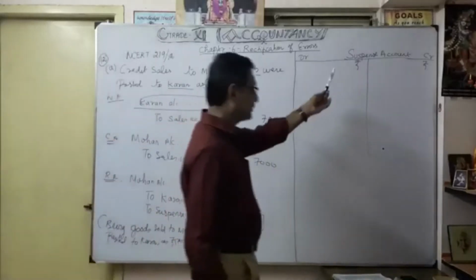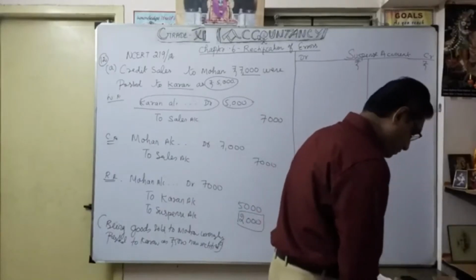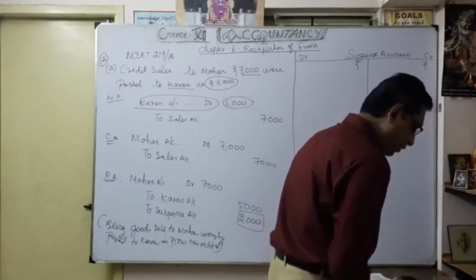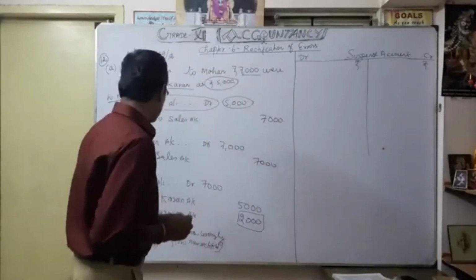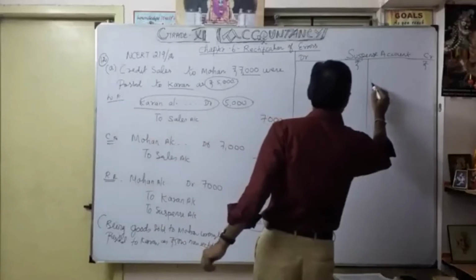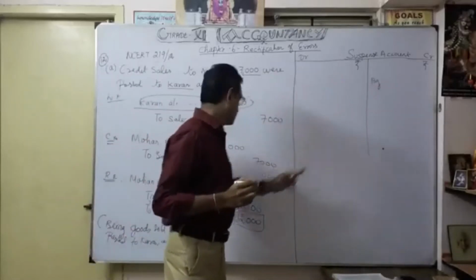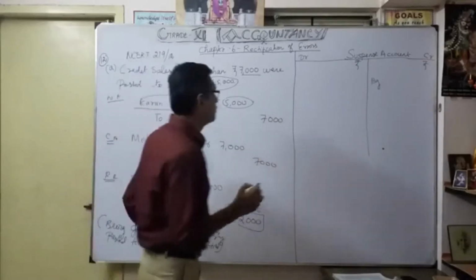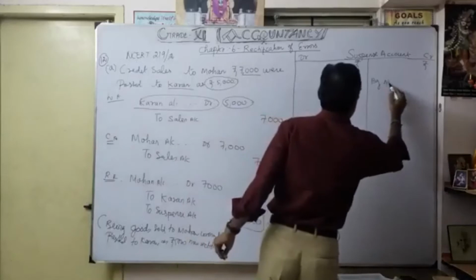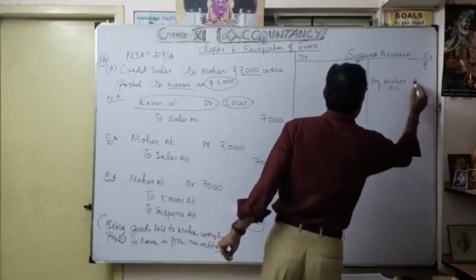Now you want to open the suspense account. How to do it? You have to open the suspense account, that is very, very important. How are you going to post? For the suspense account we have to write by Morgan account. As a suspense account, you open on the credit side: by Morgan account 2,000.